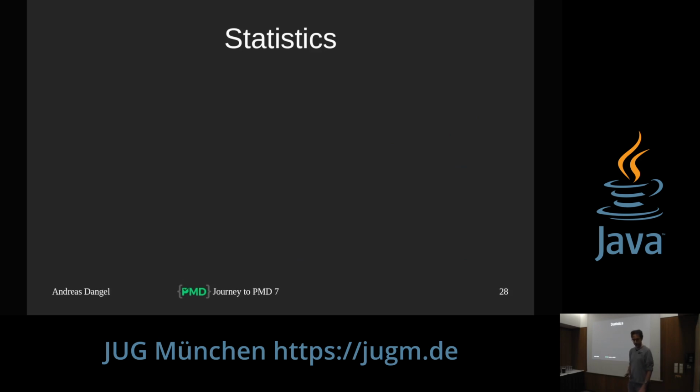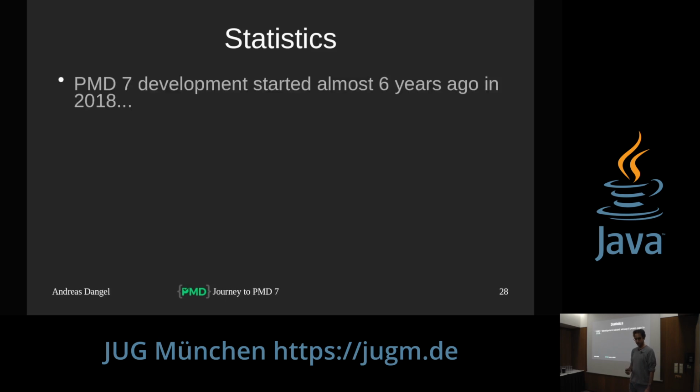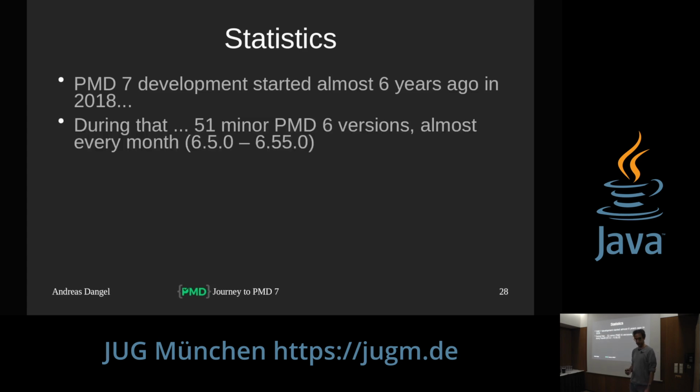Now I looked up some statistics. As I said already, it's 6 years ago that we started PMD 7 development on the branch. We did many releases on the main branch. These were actually 51 minor releases. We have a monthly release cycle, so every month we release what is there. We kept this for PMD 6. We made a break now, but we are back at the monthly release cycle.